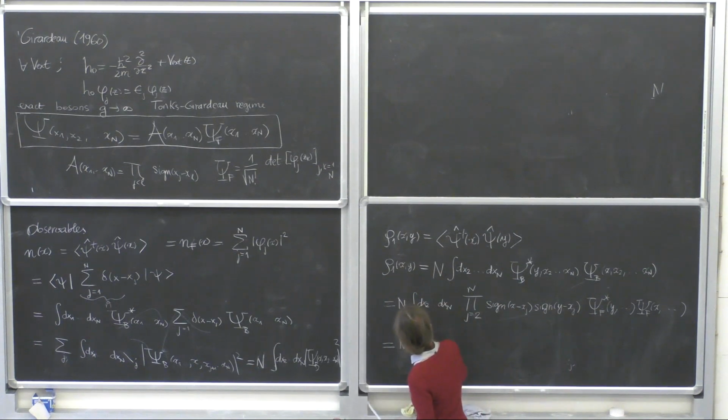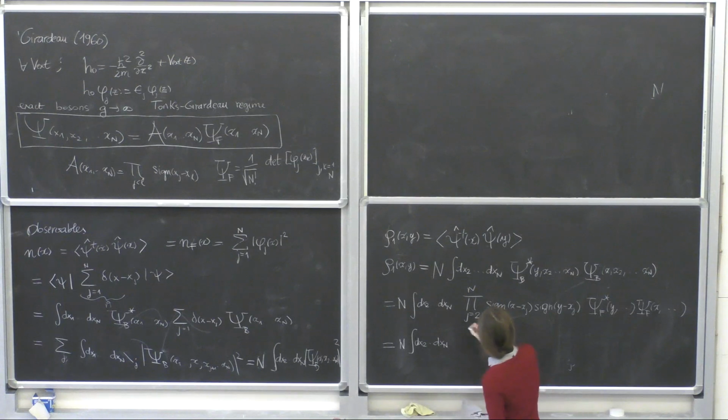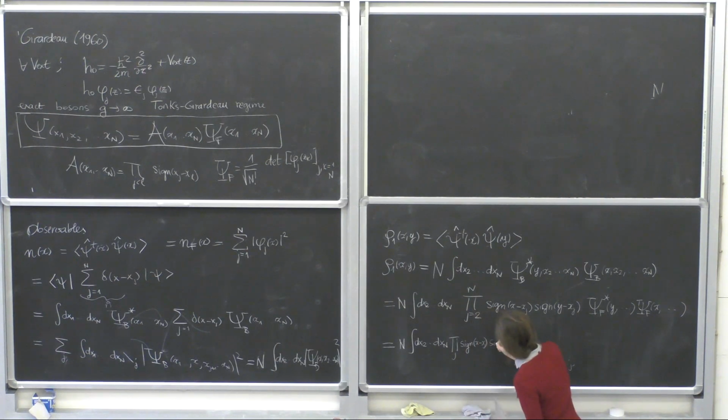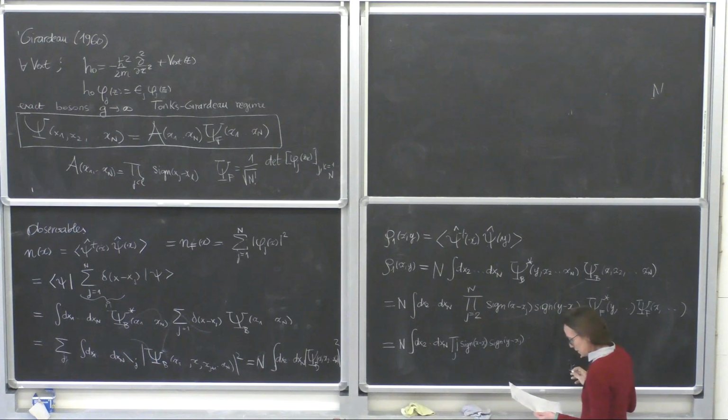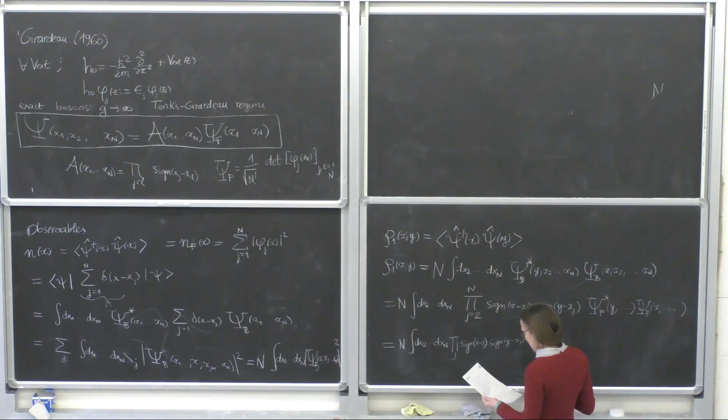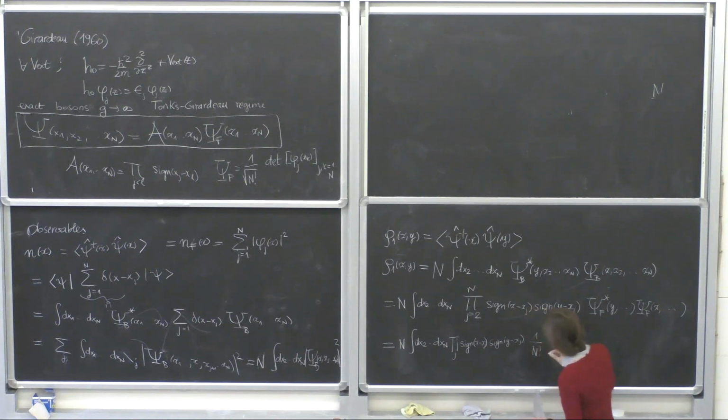So here I have n. Here I have all the integrals to n. Here I have these products that will remain the same, x minus xj and y minus xj. And here I expand the determinants. Let me do it in two steps. First of all, I write the determinants.